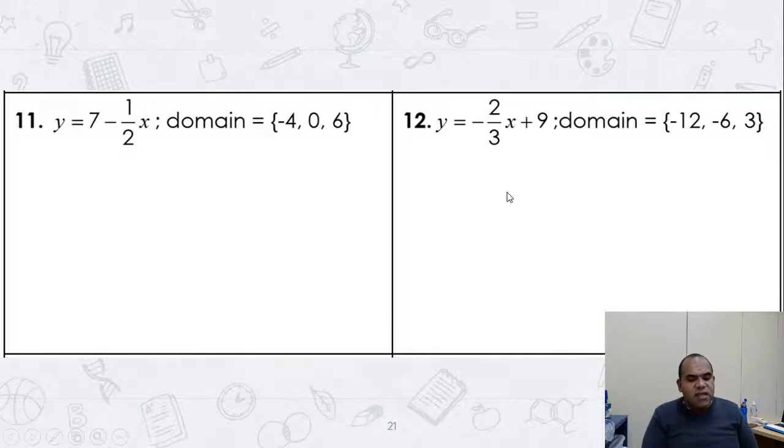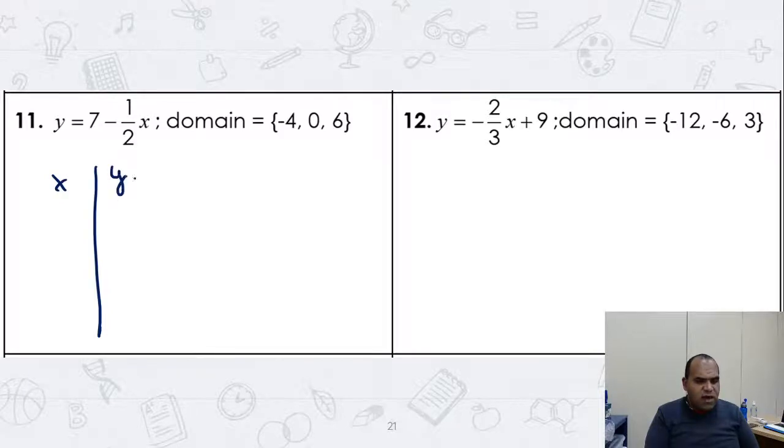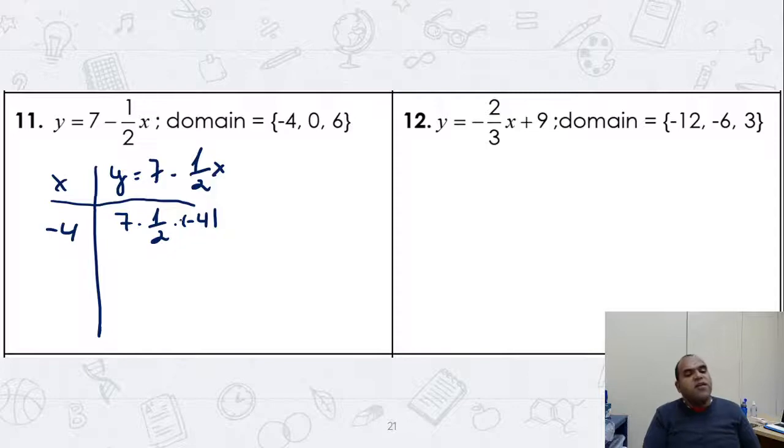And the last domain here, guys, the same idea: y equals 7 minus a half x. Let's solve it. When x is negative 4, you just do 7 minus a half times negative 4. Negative 4 times 1 is negative 4. Negative 4 divided by 2 is negative 2.